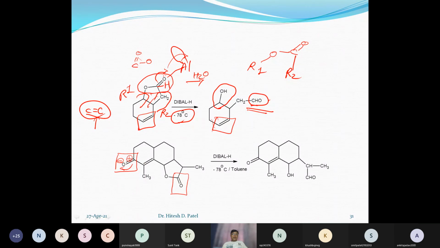So whenever it converts into C plus, immediately the electron will migrate to this position, and as a result we get O minus, and partially C double bond C and C plus. So whatever positive charge is here will shift over here, and then this will convert into C double bond O and this into C double bond C.